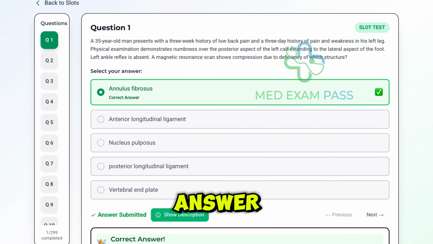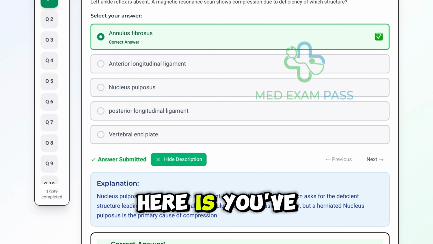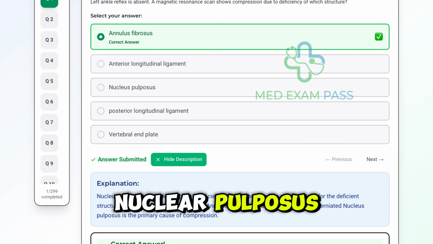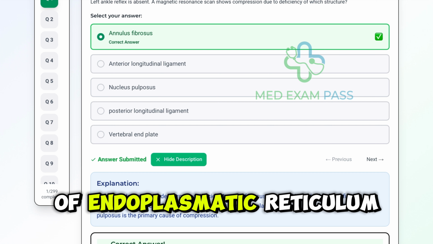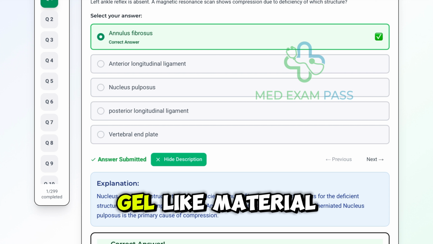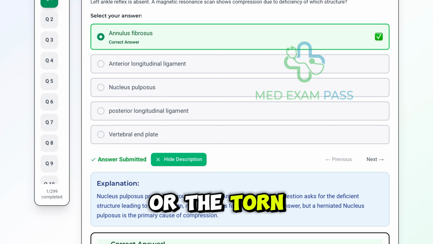Let's submit the answer. Now, a short explanation has been given here: the nucleus pulposus is produced through a deficiency of the annulus fibrosus. A disc herniation occurs when the nucleus pulposus, a gel-like material, herniates through a deficient or torn annulus fibrosus.